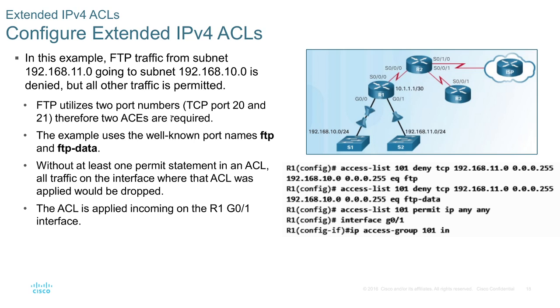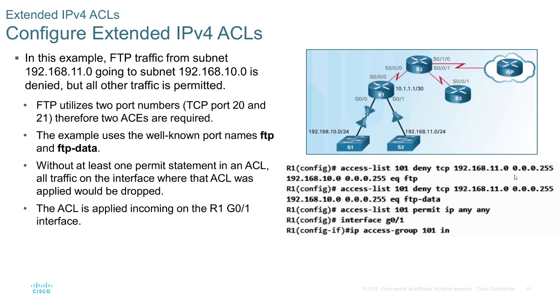So for example, in this example, what we are configuring is FTP traffic. If FTP traffic is going from say 11.0 to 10.0, we want to deny FTP traffic in that direction, but we want to allow other traffic.